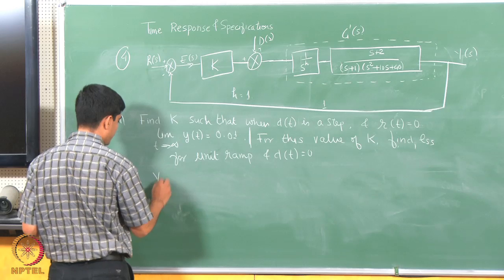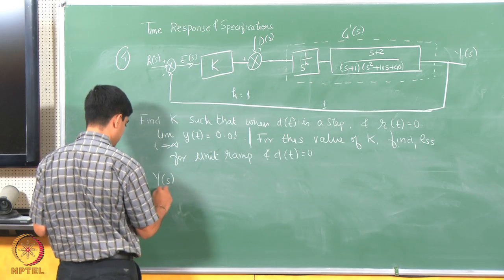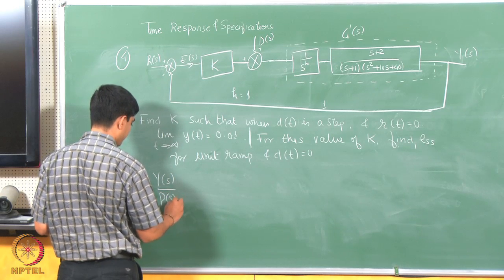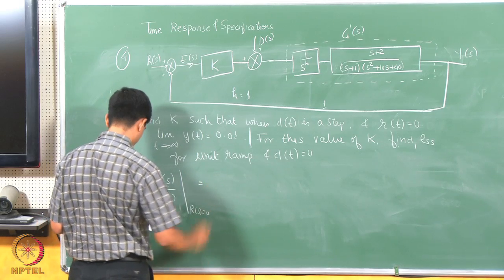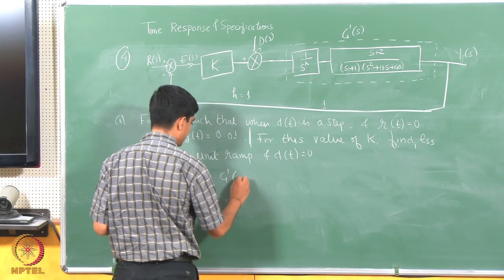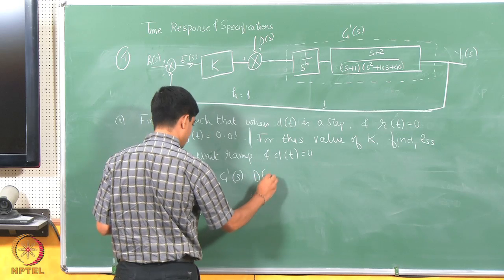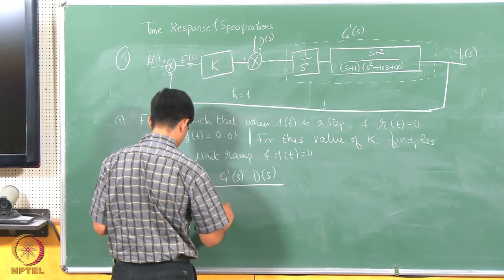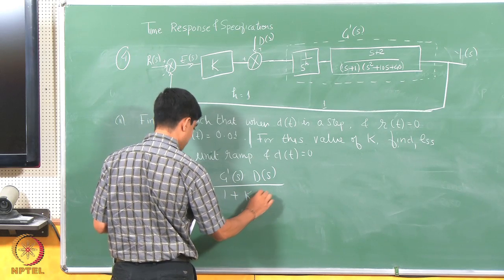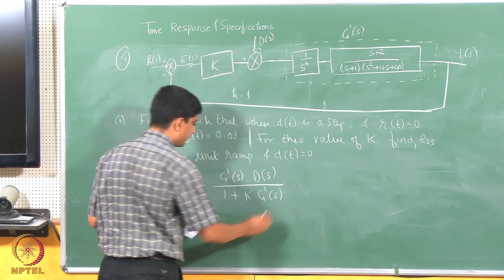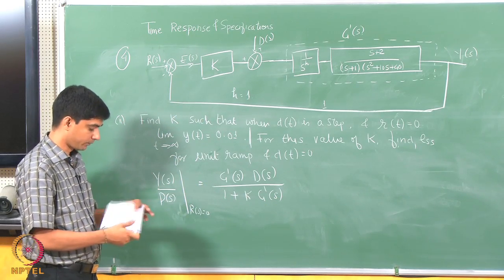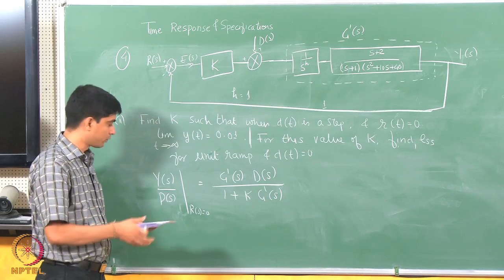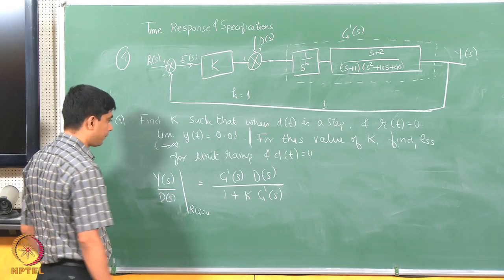So, this y(s) over d(s) when r is 0 takes this form: G prime of s over 1 plus k G prime of s, and we saw how to derive this transfer function in the previous tutorial. Okay. So, now what I would want is d(s) is a step, right.